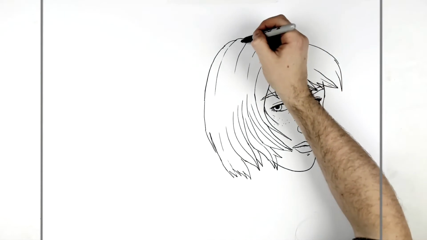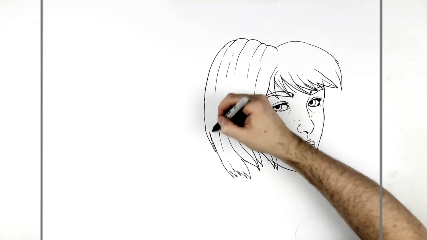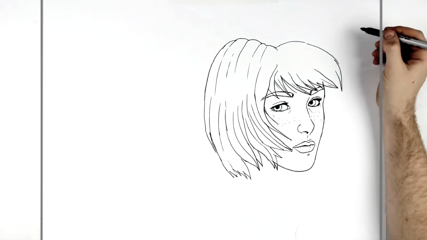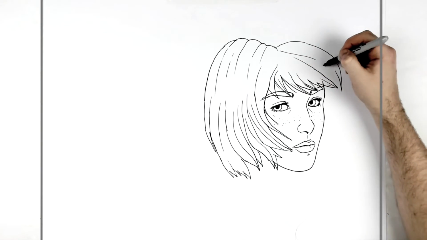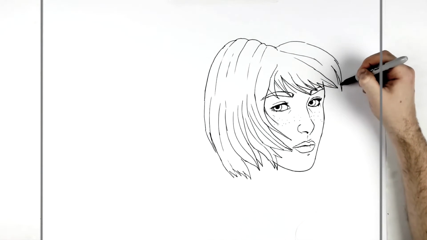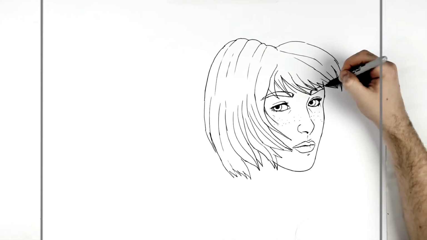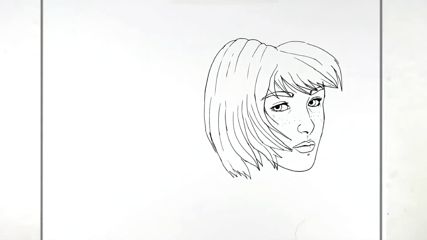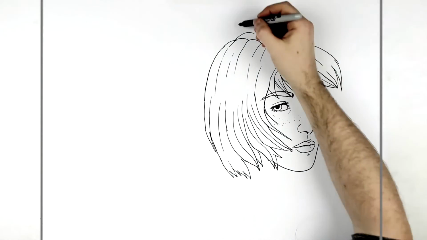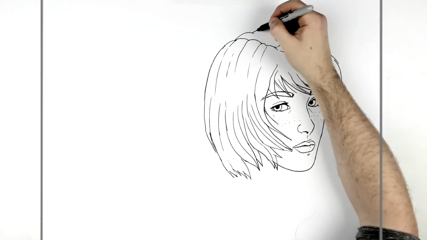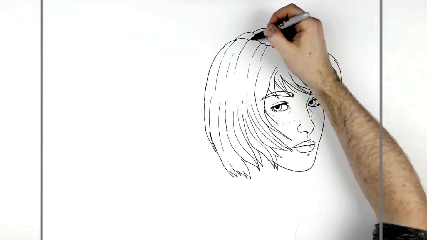Texture. And this is fringe, so this goes this way. And then the top of her head up here. Top of her hair, not really her head.